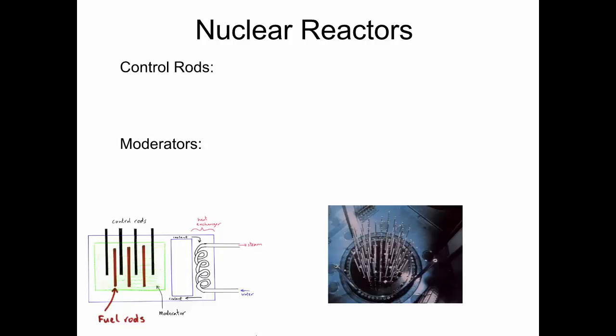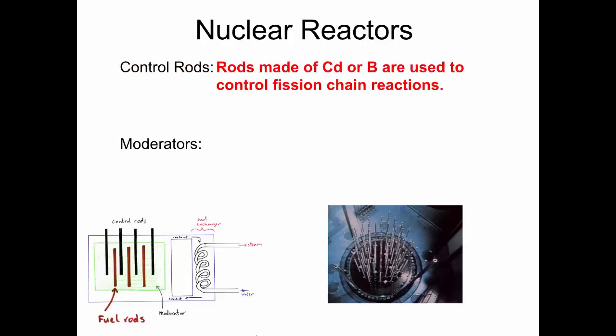That energy is transformed into heat, which boils water, creating steam, and the steam spins a turbine, making electricity. The key here is that the reaction is controlled. One of the ways nuclear reactors do this is by using something called control rods.